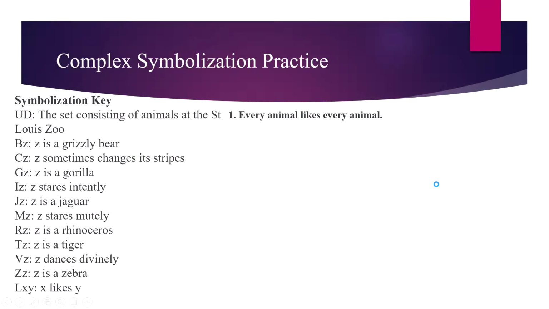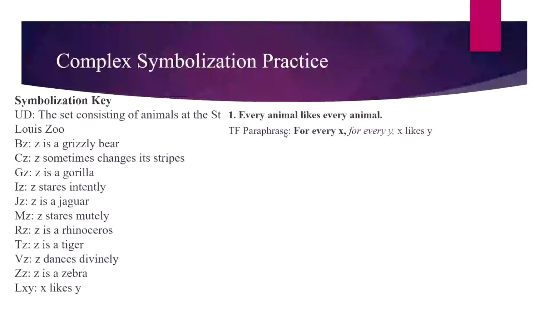So first we have, every animal likes every animal. Now we have just one two-place predicate for likes, right? We have LXY for X likes Y. And here we've got two claims that need to be quantified. Every animal likes every animal. Here we've got two universal quantifiers. So our paraphrase will be, for every X, and then for every Y, X likes Y. Here, because the scopes overlap, we cannot use X twice.